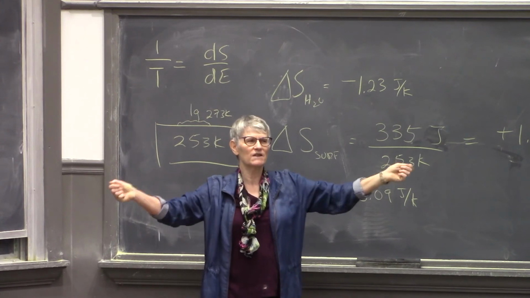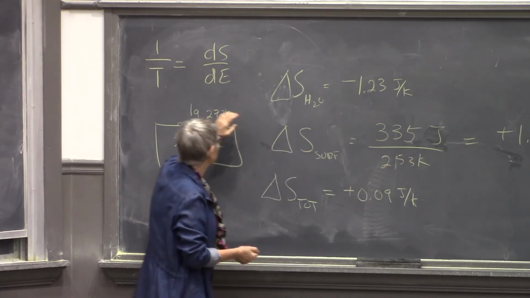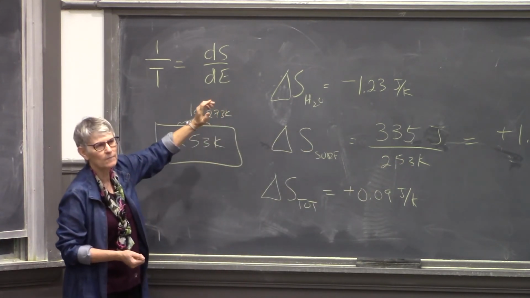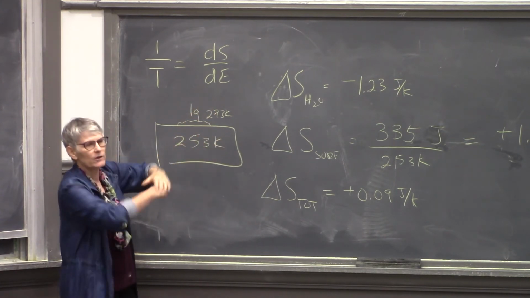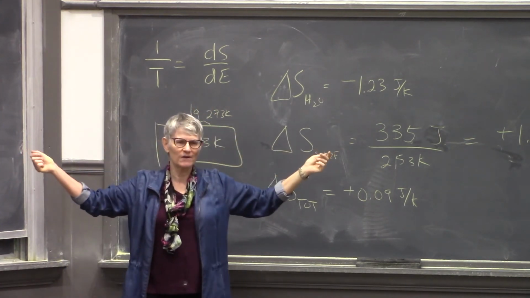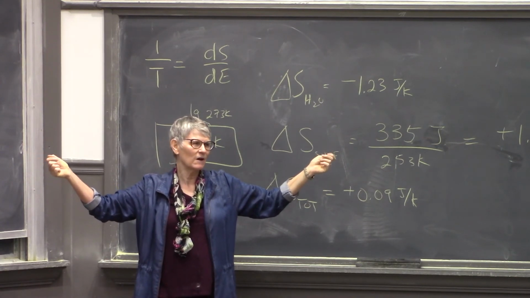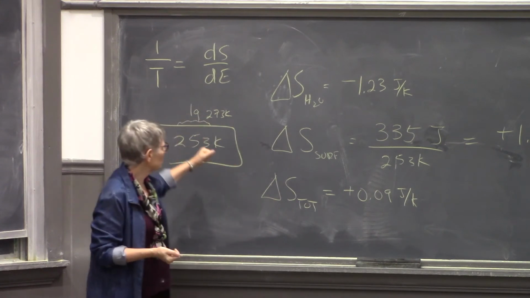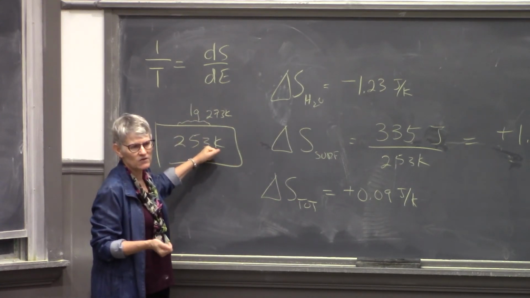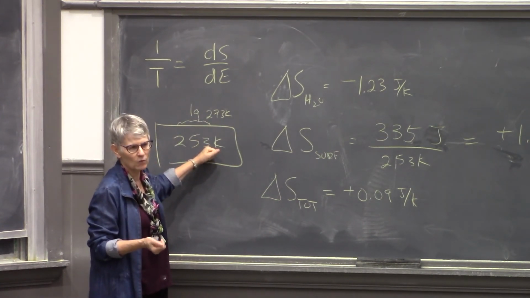The energy that was sort of confined in the water is now free to move around a much larger array of oscillators and places to put it. So the energy has been randomized more than it was.